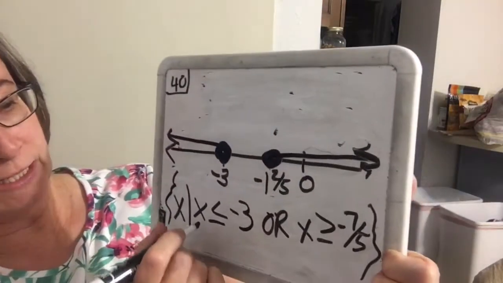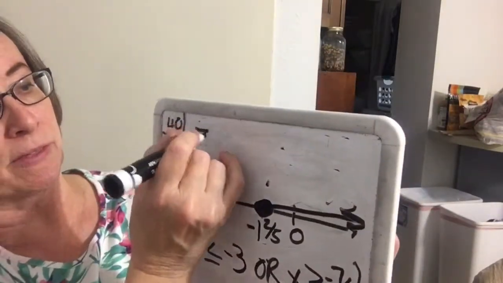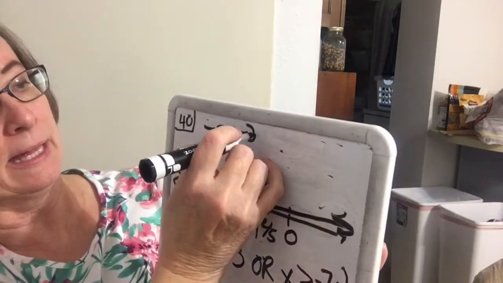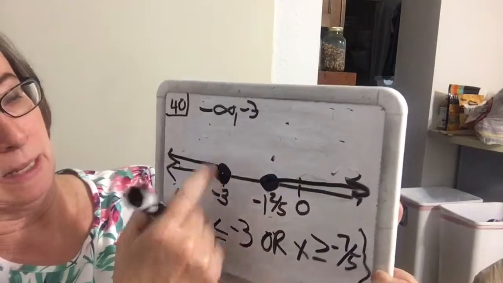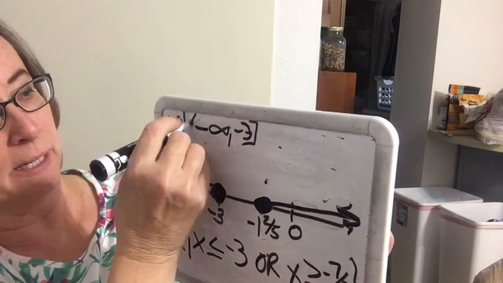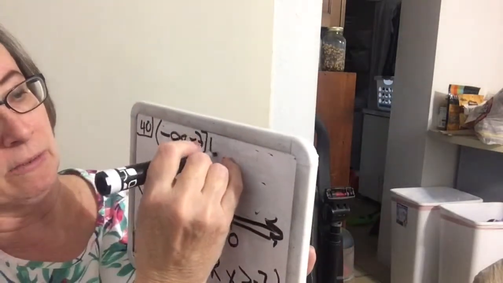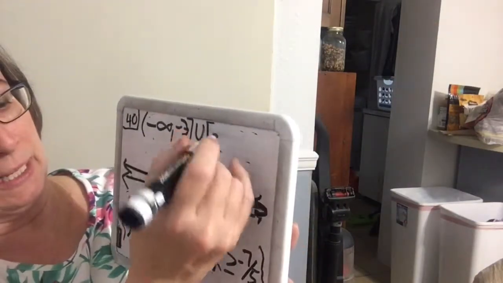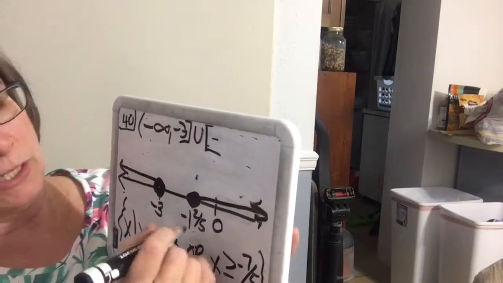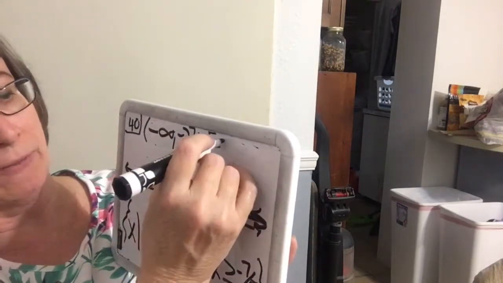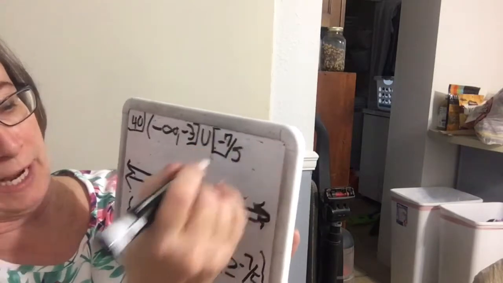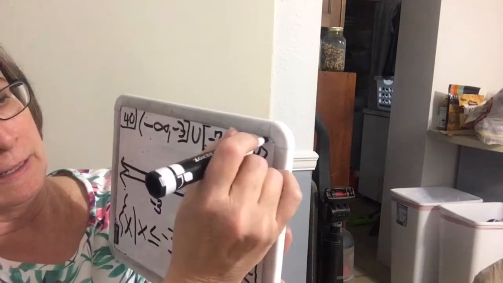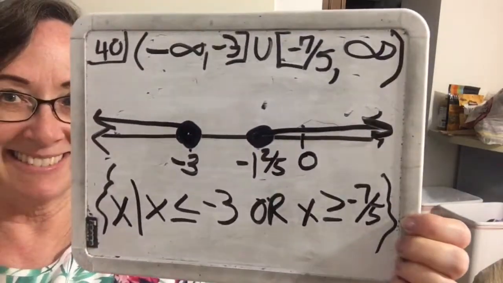This is going from -infinity to -3, and then this is going to be a bracket. This is going to be a paren. And then union, bracket, -1 2/5, or we could have said -7/5. Remember, we're allowed to have improper fractions. To positive infinity. And that would be fine.